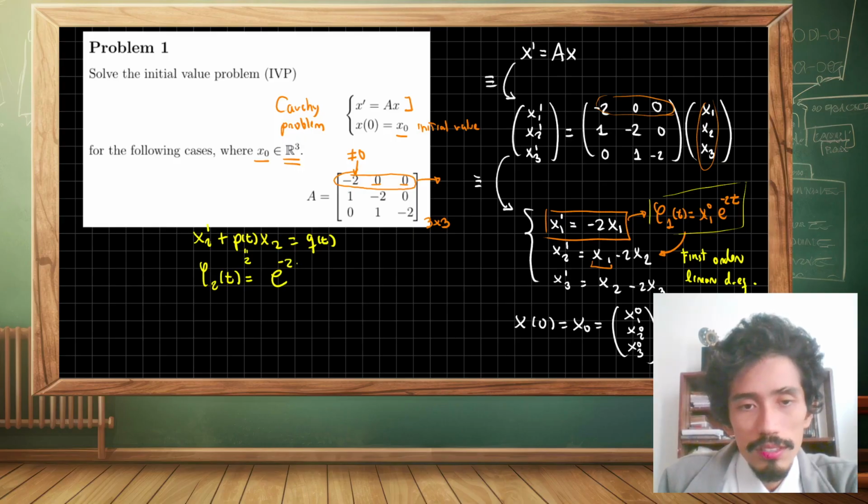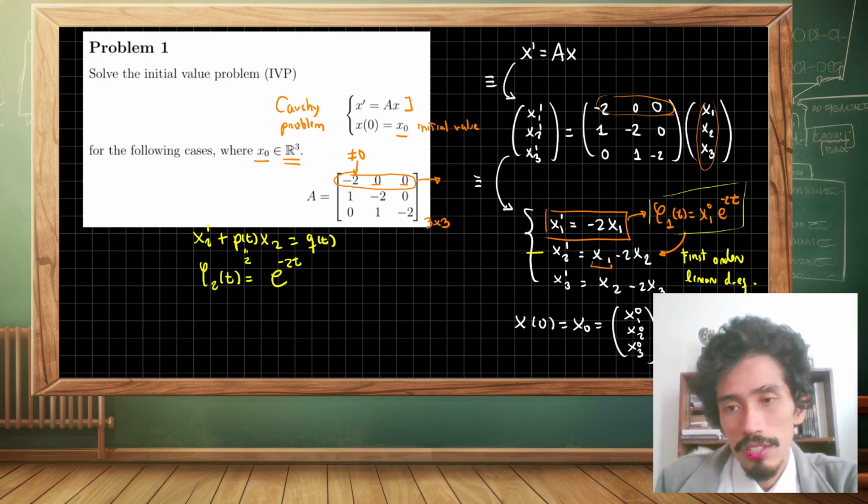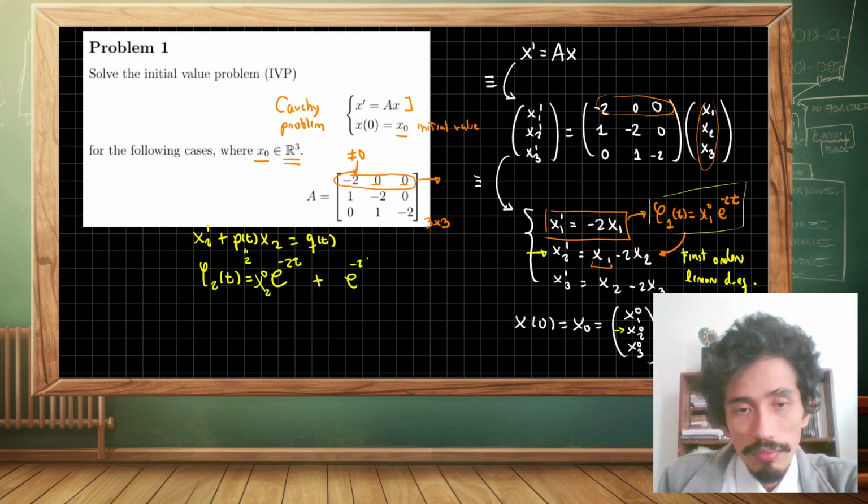So this is e to the minus 2t multiplied by the initial condition of this matrix, which we say will be this one. So we write it here, plus the same times the integral of this times q of t, and this will be it. So you know how to do it.